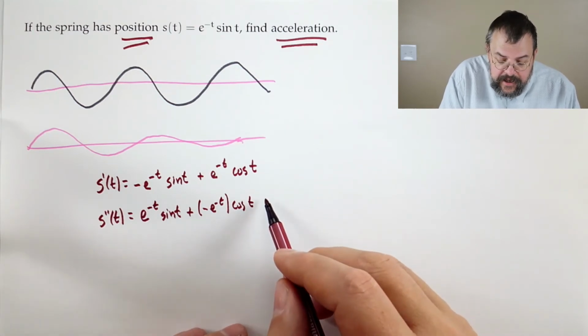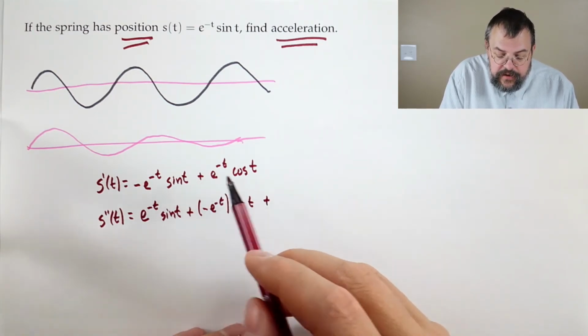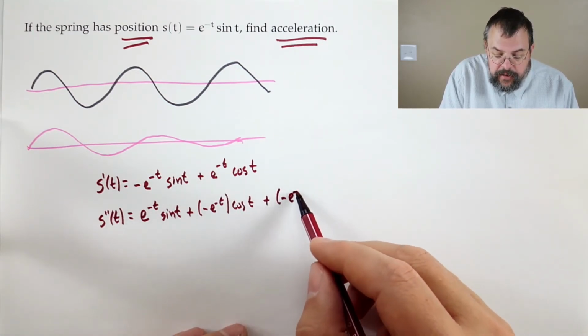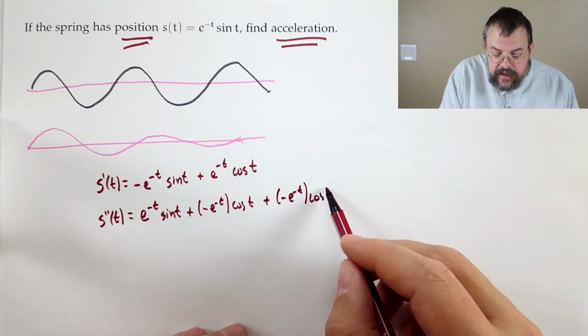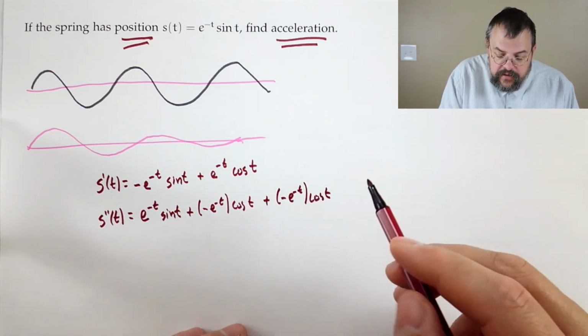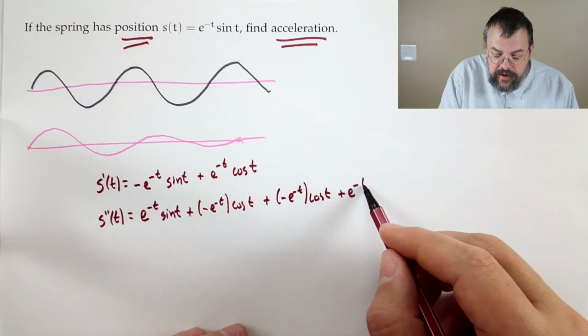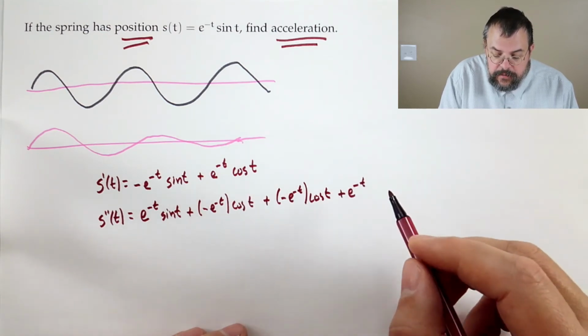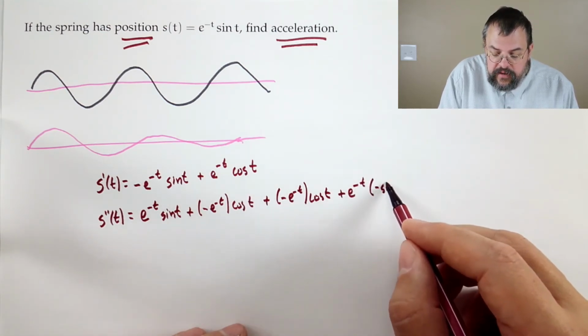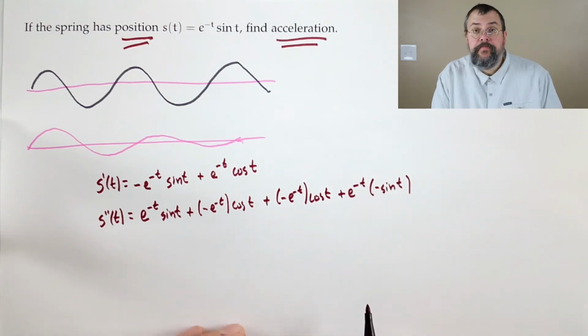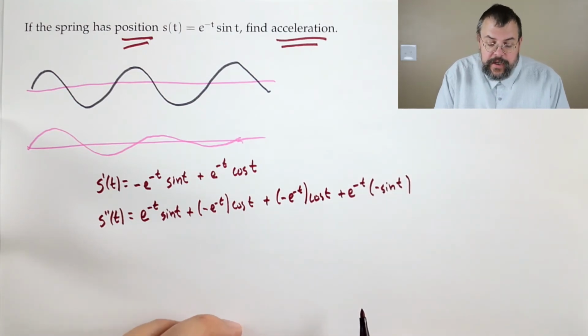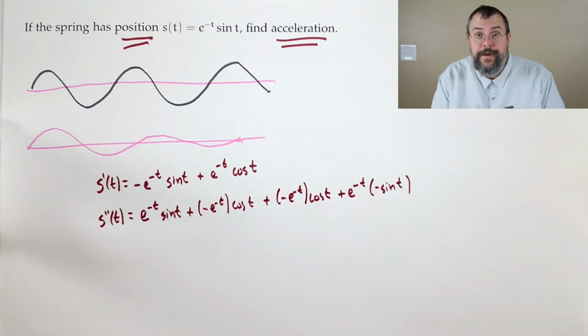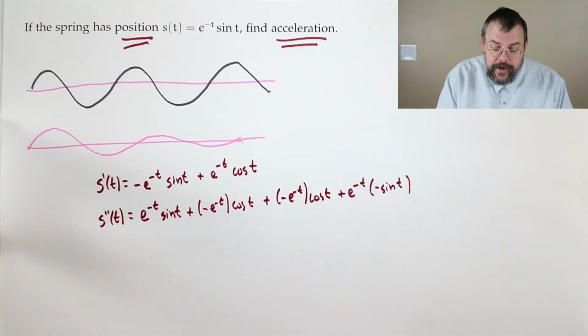All right, add to that the root of the first, minus e to the minus t, times the second, plus the first, e to the minus t, times the root of the second, which is minus sine t. Now, we can do some things here. What can we do? Well, what do you notice?